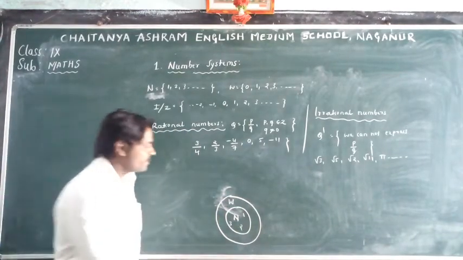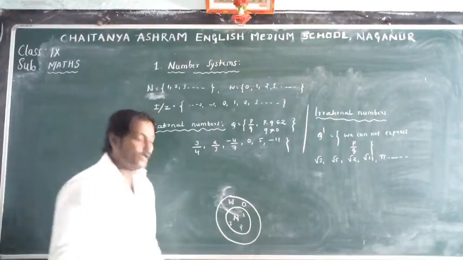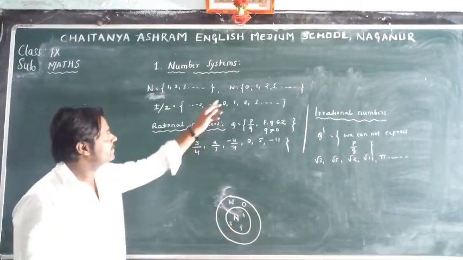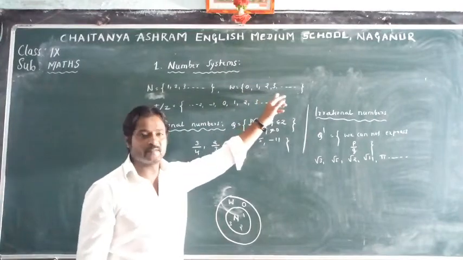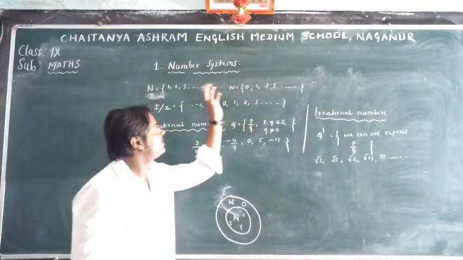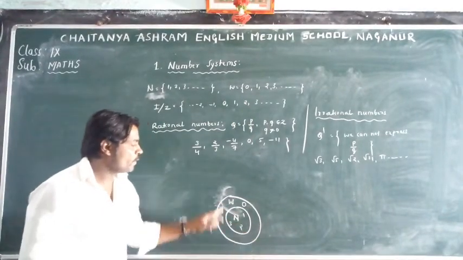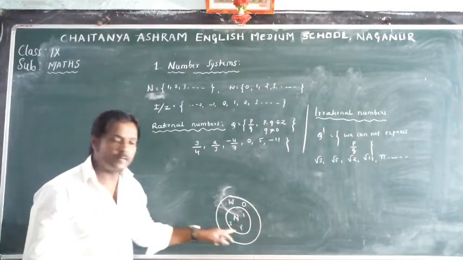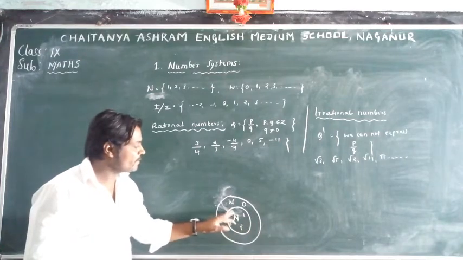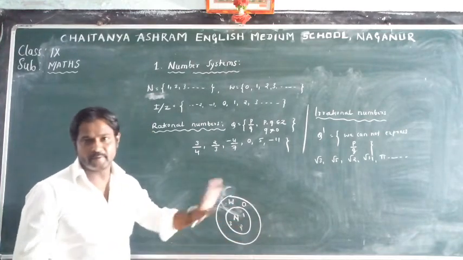It includes 0 along with natural numbers. So the whole number set includes naturals also, which means every natural number is a whole number.